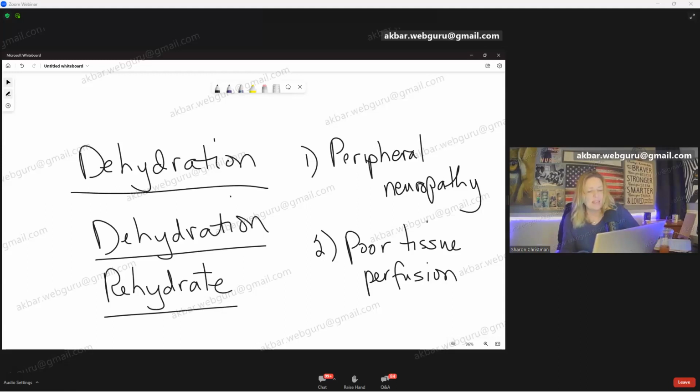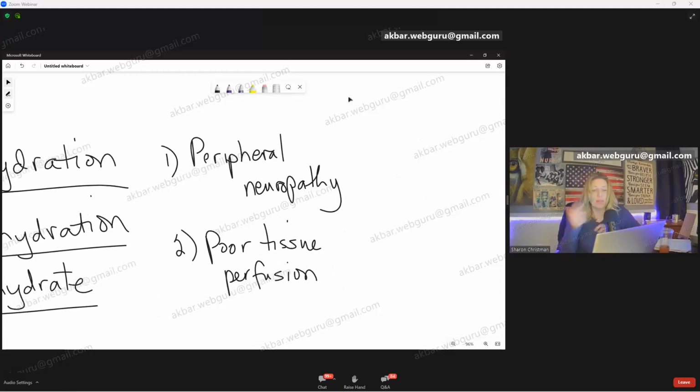Because any disease that is peripheral neuropathy is a potential complication of diabetes. And any disease that is associated with poor tissue perfusion is a potential complication of diabetes. Like heart attack, that's poor tissue perfusion. Stroke, poor tissue perfusion. Kidney failure, poor tissue perfusion. Peripheral arterial disease, poor tissue perfusion.